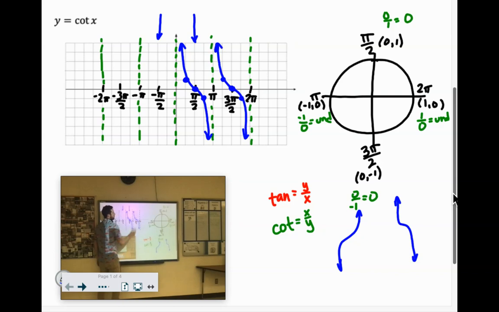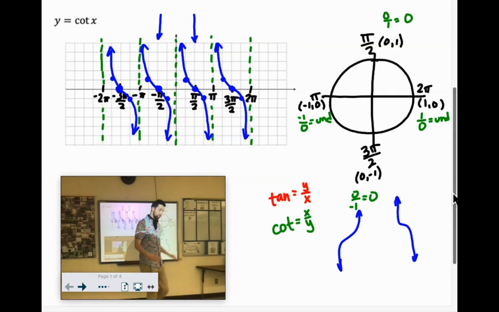Go up 1, left 1, go down 1, right 1, up 1, left 1, down 1, right 1. Pretty easy. It's like a reflected tangent graph moved over to the right, pi over 2. Cool. All right. Let's try again.